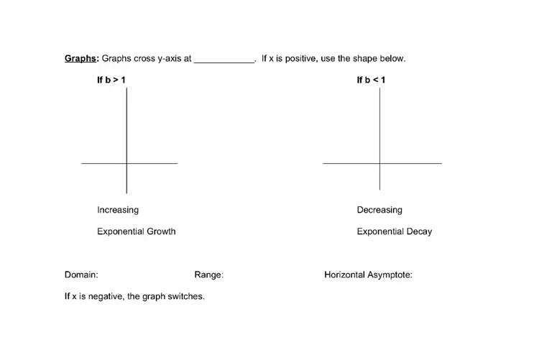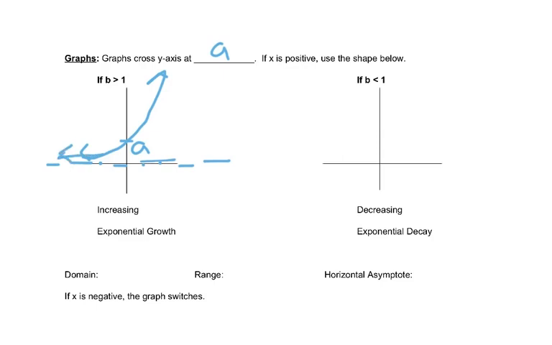The graph crosses the y-axis at a, whatever that a is. If x is positive, then the graph goes like this. If b is greater than 1, then like we said, wherever it crosses is a, and the graph would go up like that. There's also a horizontal asymptote here on the x-axis.